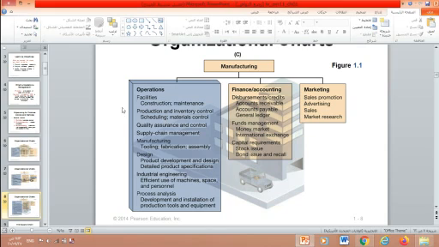So you can read it quickly to know the main operations that can be found in different kinds of organizations, whether manufacturing or service firms.